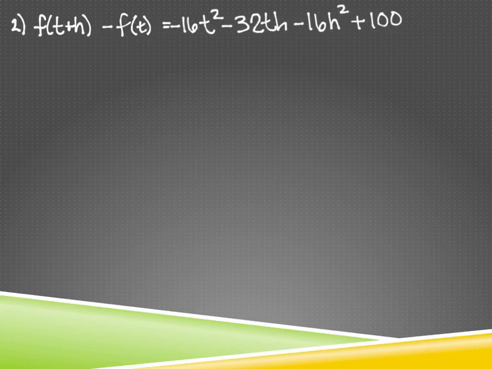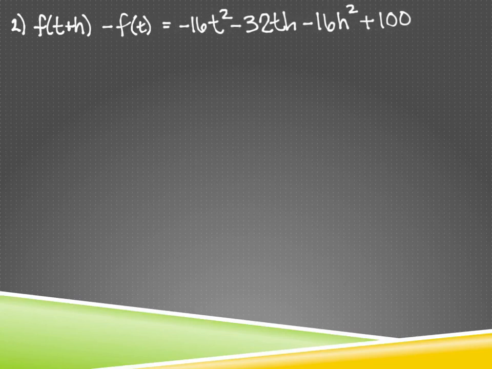So here's f of t plus h, and I need to subtract off f of t, which was negative 16t squared plus 100. Again, everything in parentheses cancels. So there's my canceling the 16t squareds, and here's my canceling my 100s.